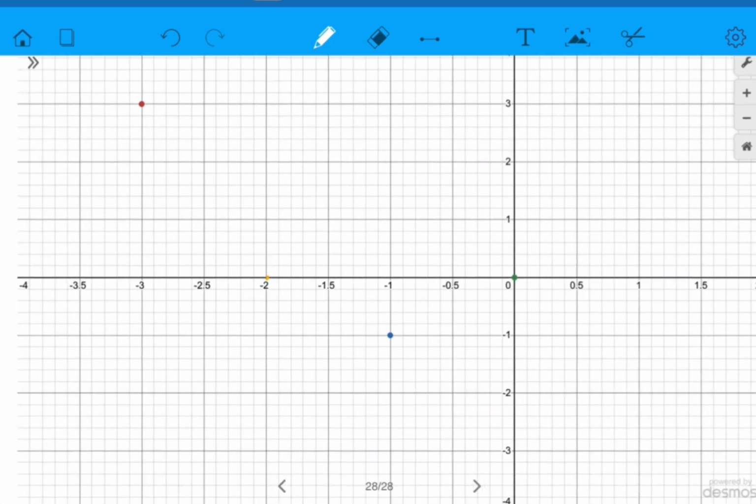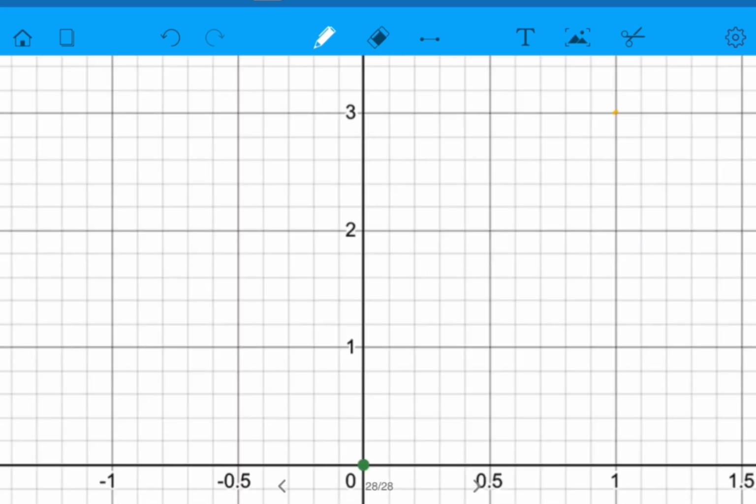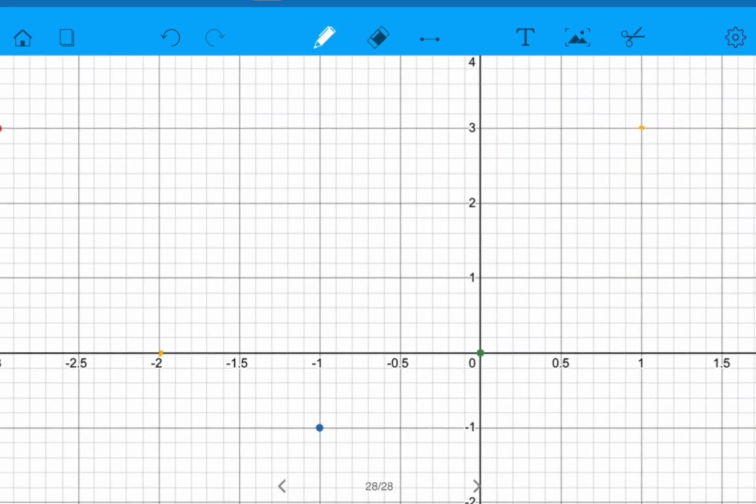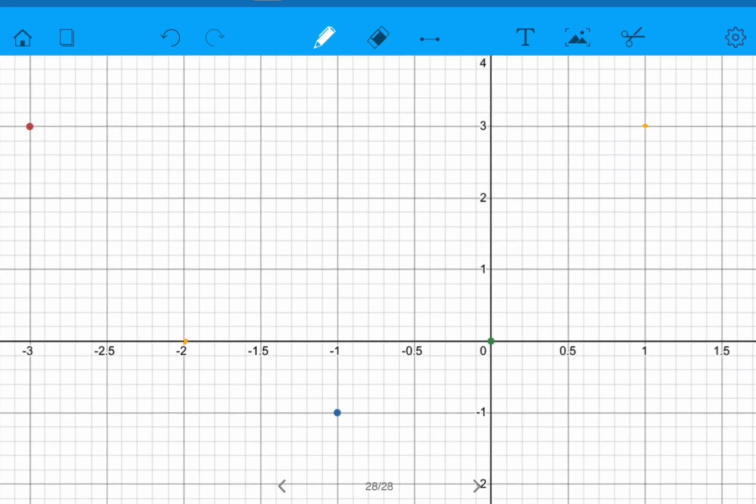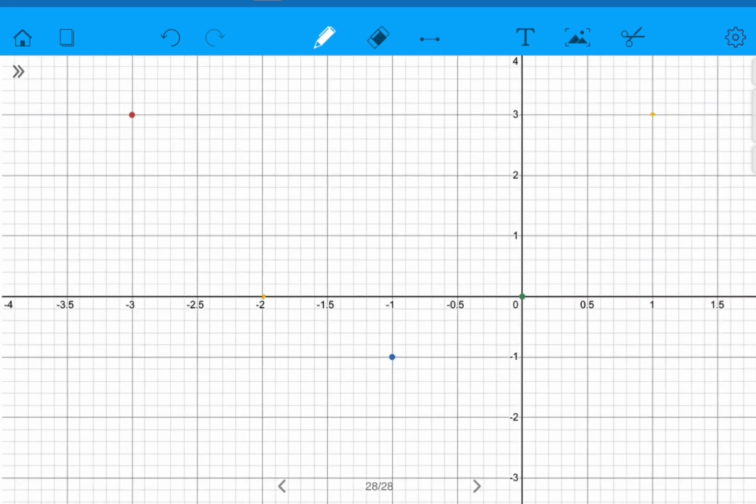When we put x equals 1, that would be 1 squared, which is 1, and then 2 times 1 is 2, so that would mean the y coordinate would be 3. So when x is 1, y is 3. To draw the graph, we need to draw the U-shaped curve, which would look like this.